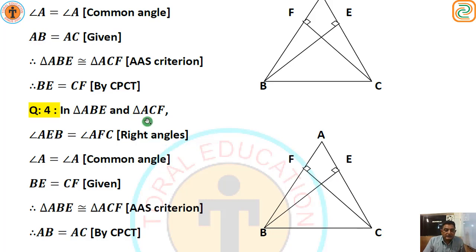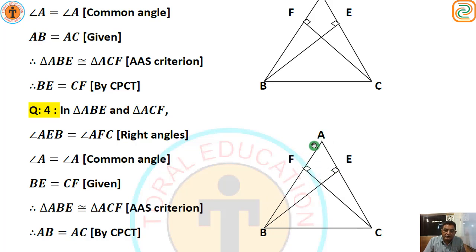So in triangles ABE and ACF, angle AEB equals angle AFC, both right angles, 90 degrees. Angle A is common, right? And BE equals CF, which is given. So triangle ABE is congruent to triangle ACF by angle side criteria.